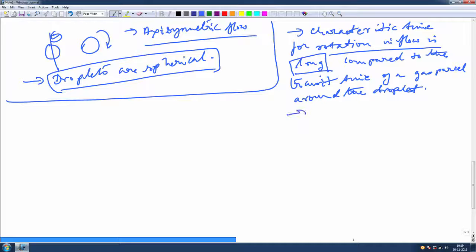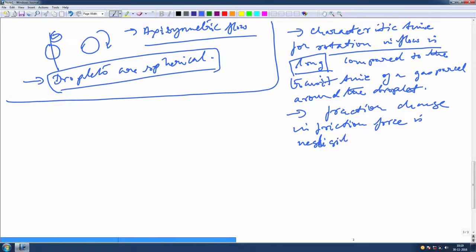And the second corollary is that the fractional change in friction force, and why is this important, is negligible, and it should be of the order of 1 over the Reynolds number, right. Order means that it is of a similar order. When we say order, we do not mean the exact number, we mean the scale essentially.